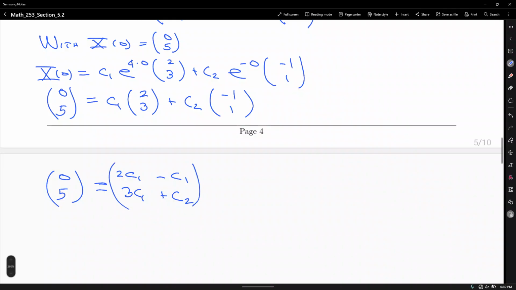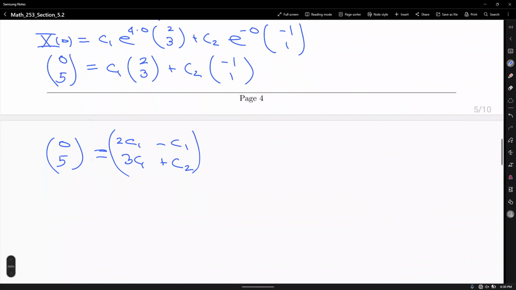This is another 2 by 1 matrix, right? So this is a system of equations, really. 2C1 minus C2 equals 0, and 3C1 plus C2 equals 5.